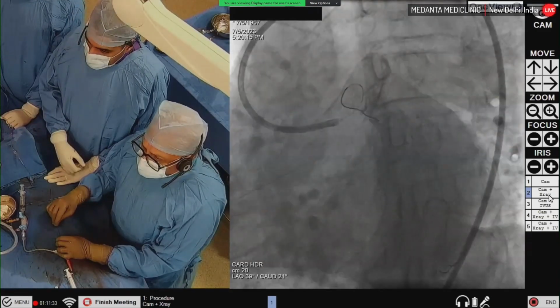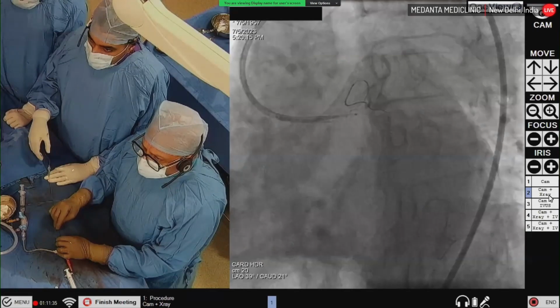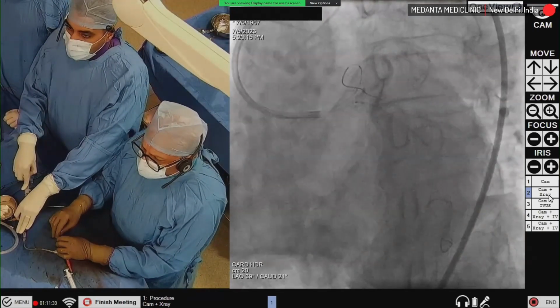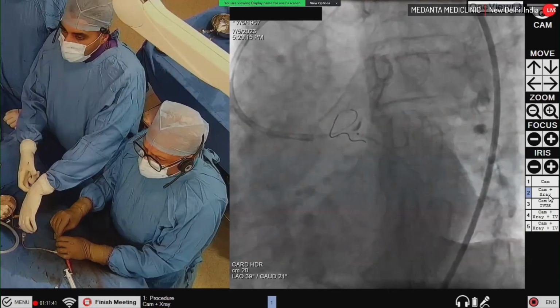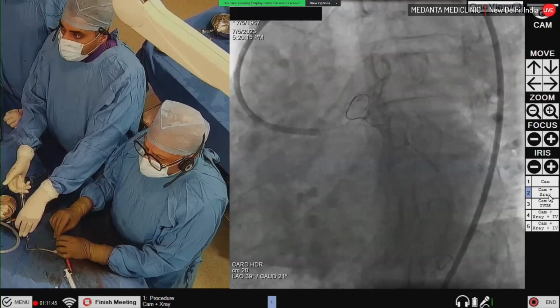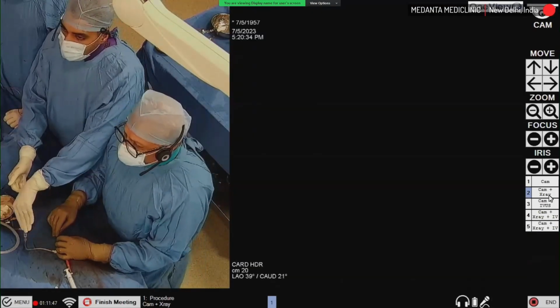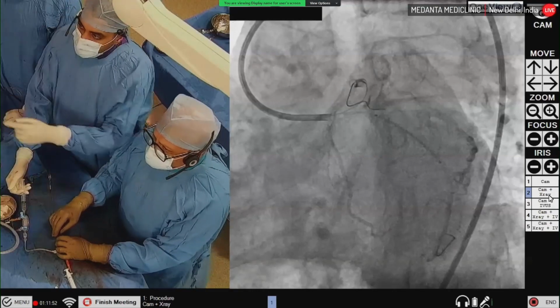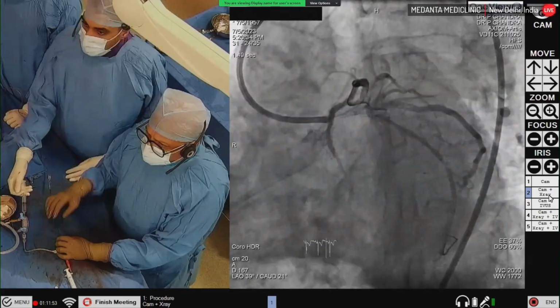A little bit further down. Okay. In this view, we can check. RAO caudal, please.